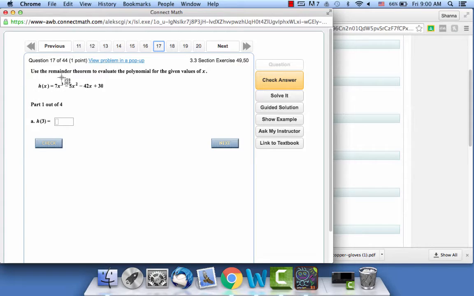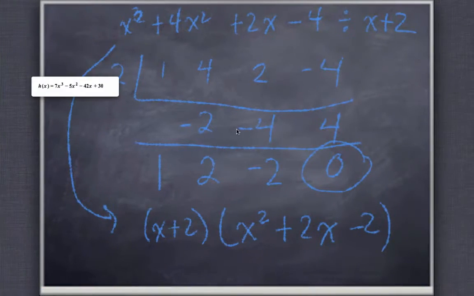So start with that one. Actually, I don't want to take up that much space. I'll just remember the 3 there.